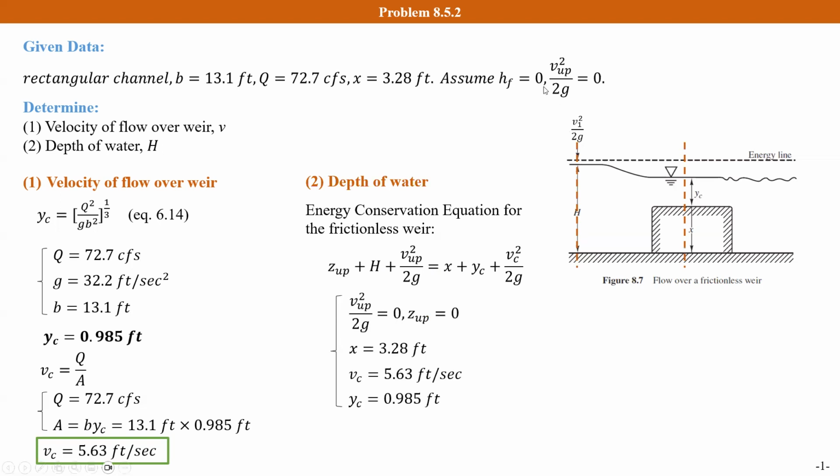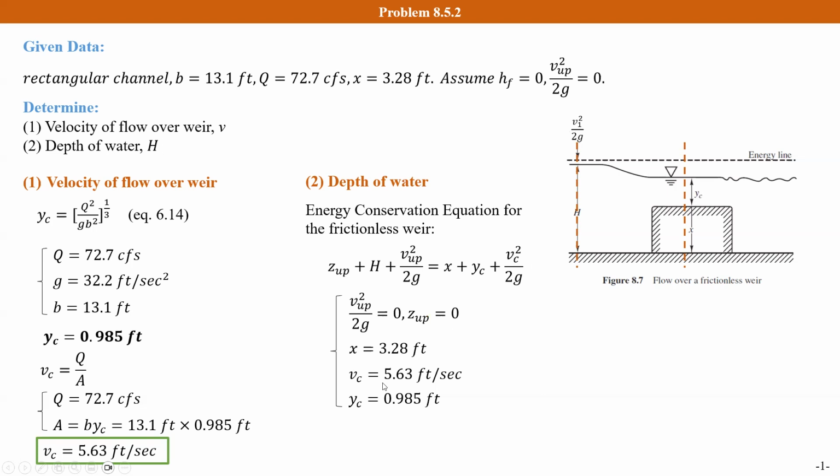Based on our assumption, the velocity head at the upstream equals 0, and we also know that the elevation at the upstream is also equal to 0. And we know the height of the weir is 3.28 feet.